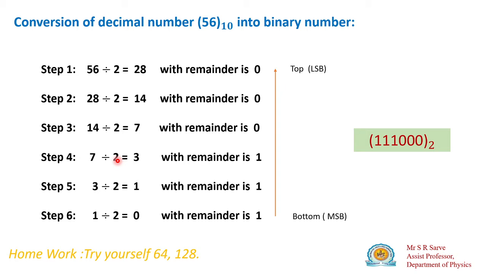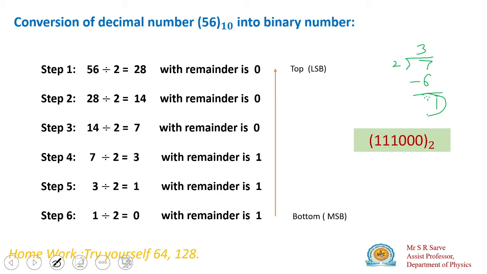7 divided by 2. Okay, so you will understand this. If I divide 7 by 2, the 2 threes are 6, so 1 is the remainder here.